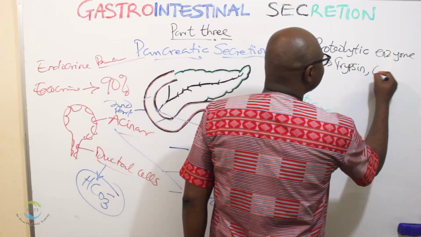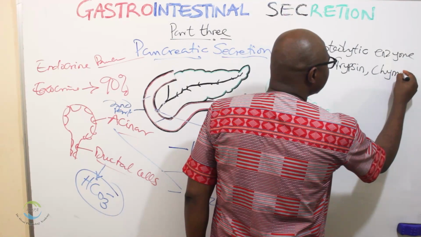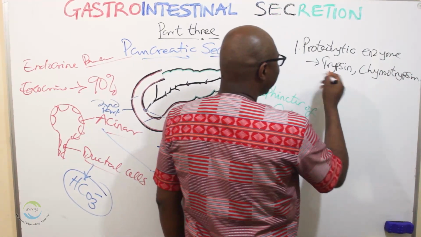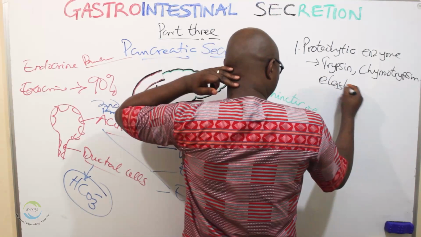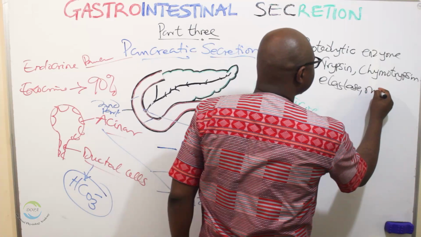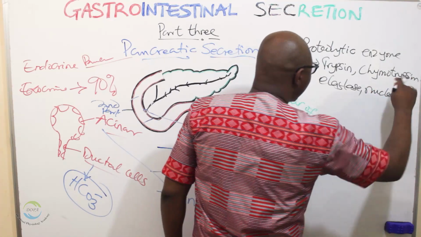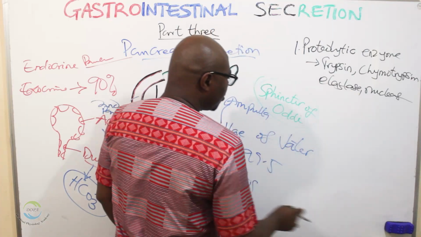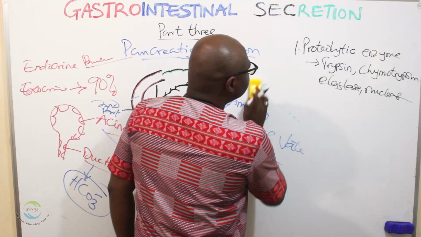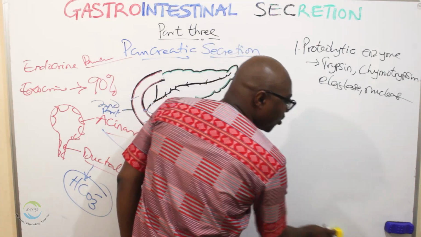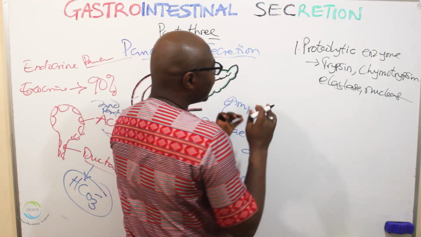We also have chymotrypsin. There are so many, you don't need to memorize all, but elastase, nuclease, carboxypeptidase, and so on. So now we are done with protein. You see all the enzymes it has just for protein.